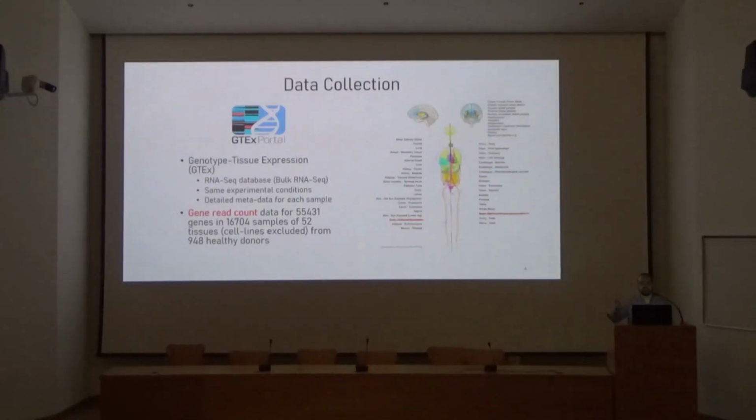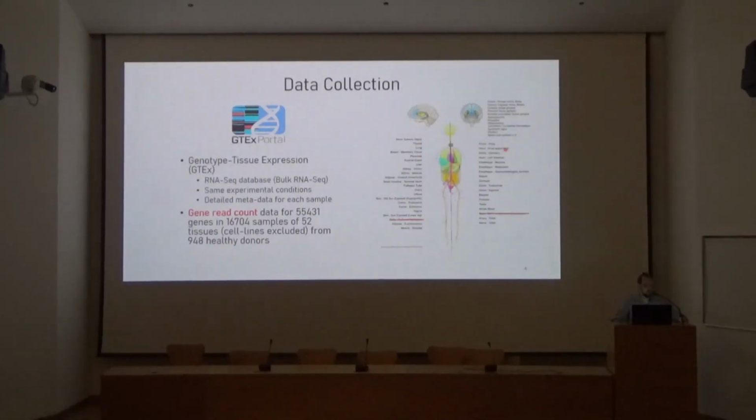We selected bulk RNA-seq in our case, and they've taken all those samples under the same experimental conditions, and all of them are very detailed. We know exactly what everything came from, and you can see here at the right all the different types of tissues. We see that there's a very big variety of tissues. Everything is well represented, and especially we can see that samples from the brain are also a very big variety.